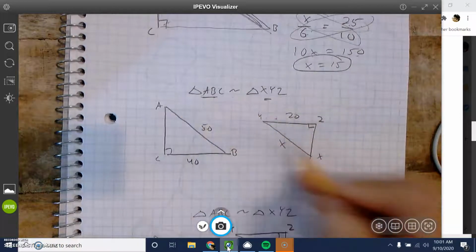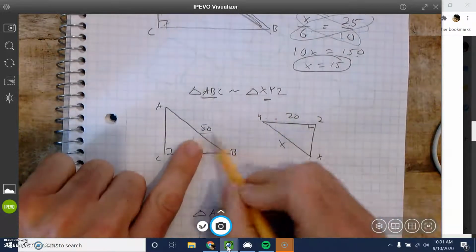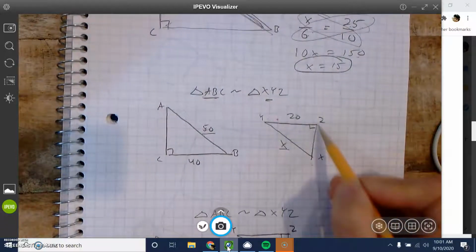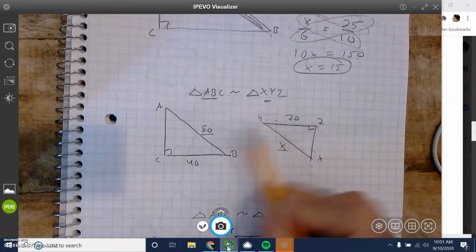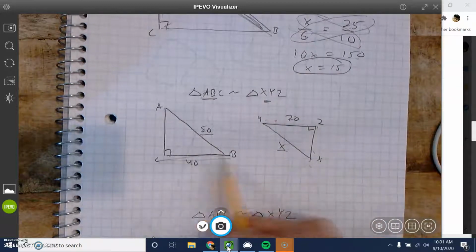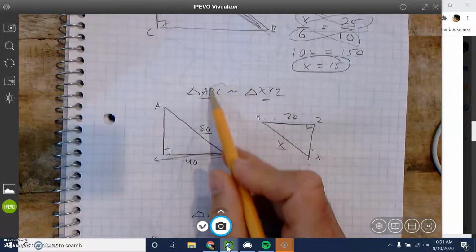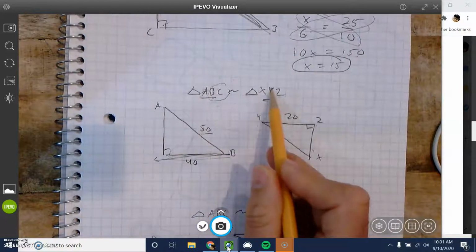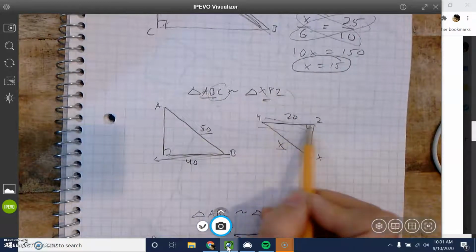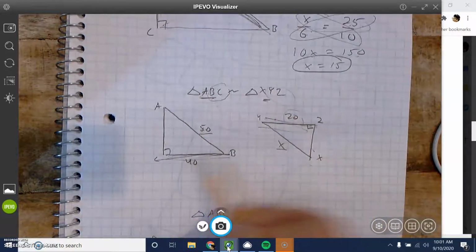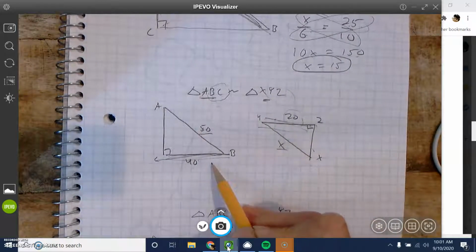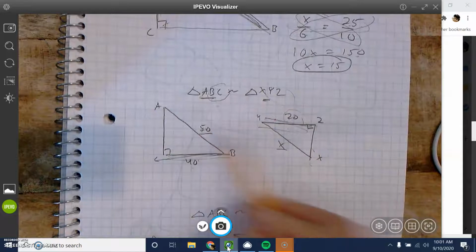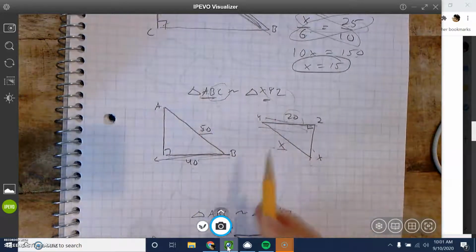The order doesn't matter necessarily. Which of these sides is corresponding? This one is BC or CB, the last 2, and the last 2 is YZ right here. So the 20 and the 40 are corresponding. They're not the same. And then 50 and X, those are the hypotenuses.